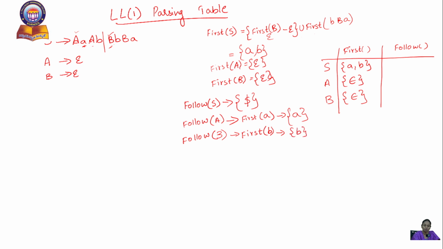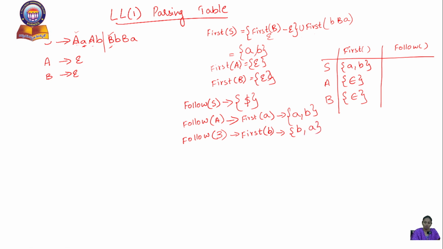Here you have to observe, here A is there, again here also A is there. In the last session, I gave one example where one non-terminal present on any side is going to have the same values. But in this grammar, you can observe that follow function of A and follow function of B will get different values, so we have to consider both. Follow function of A will become first of A, and the second A will become first of B. So I will get A comma B here and B comma A here.